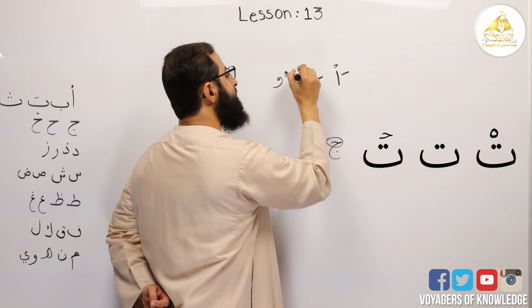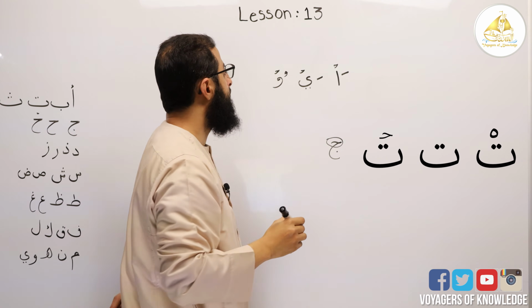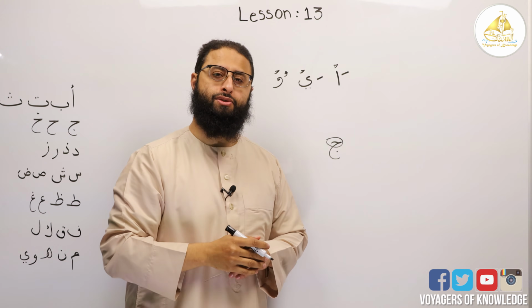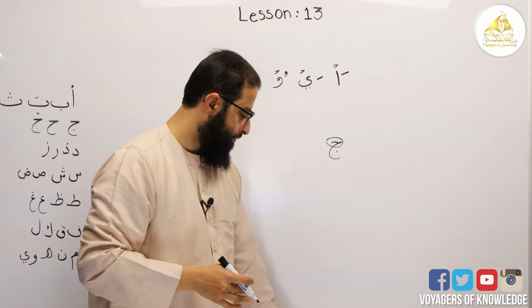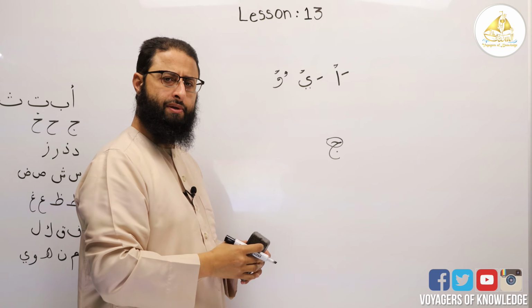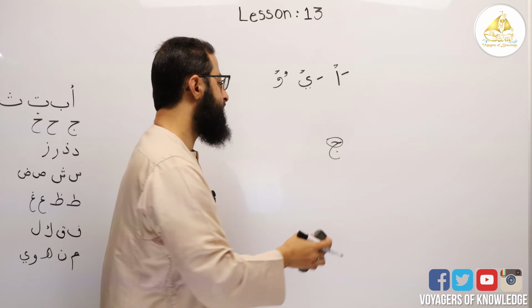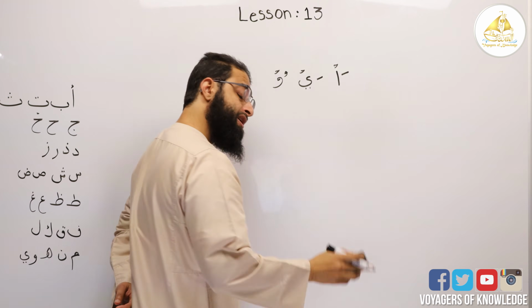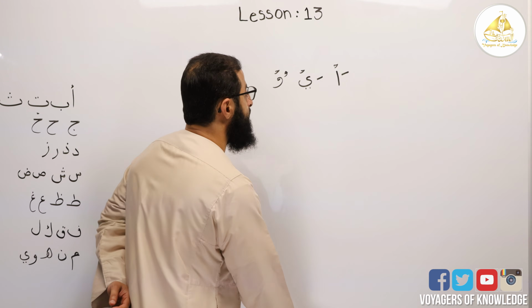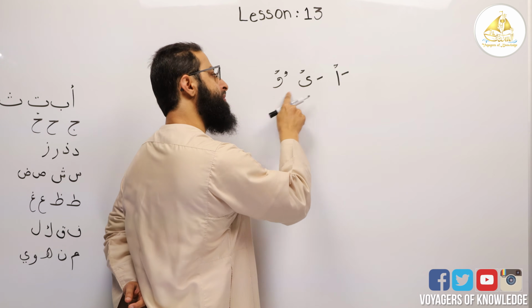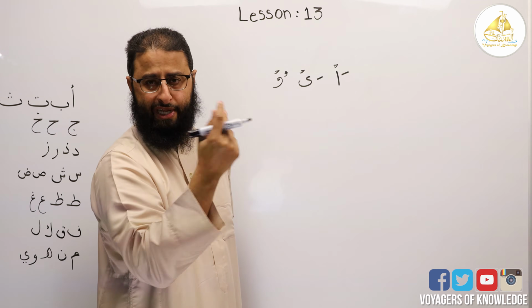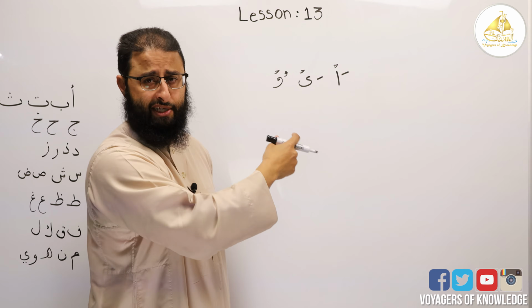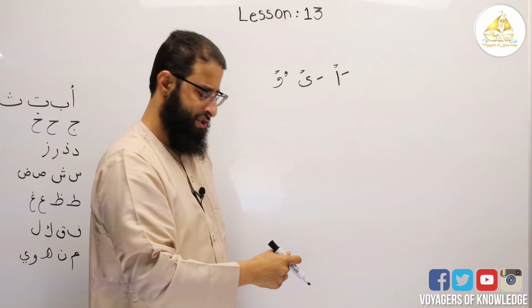But this is also an indication that the letter has sukoon. Hopefully that would clear up some of the confusion that may have happened. And, subhanAllah, one final thing. Remember, sometimes it won't have its two dots. And if that's the case, it's still pronounced as a vowel as well.